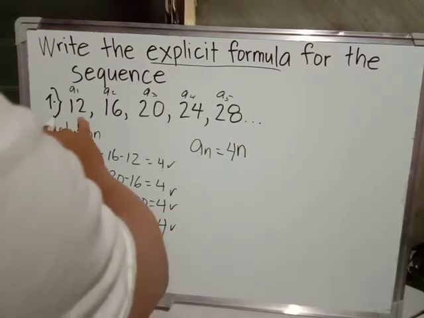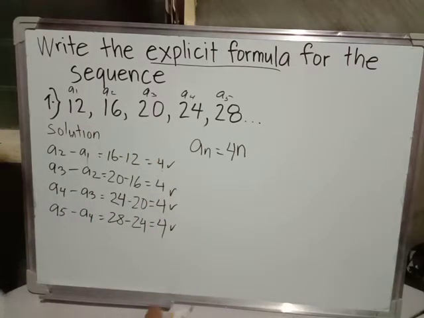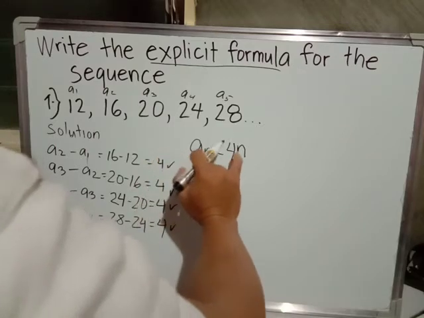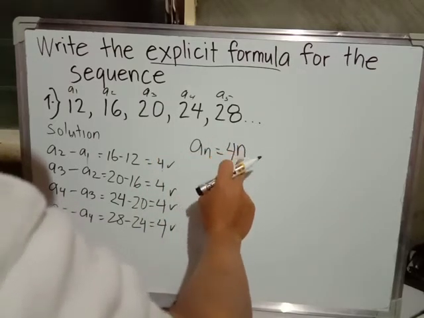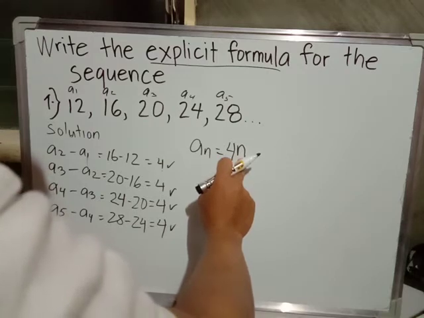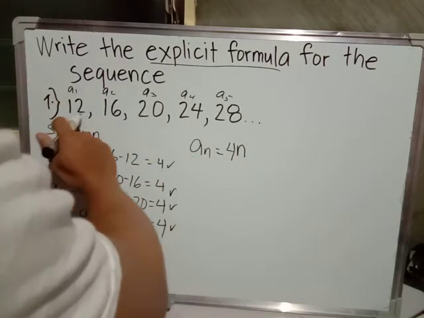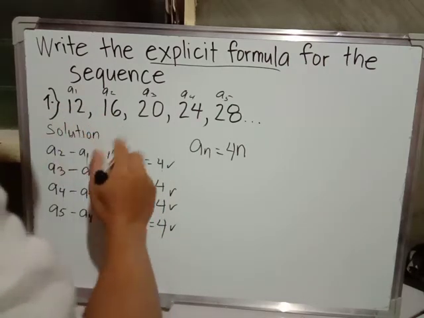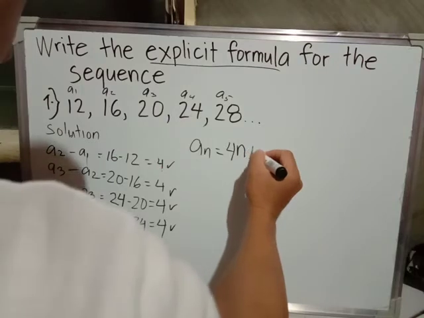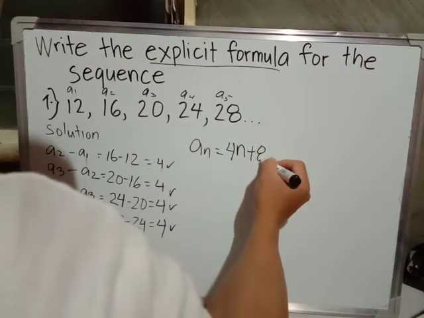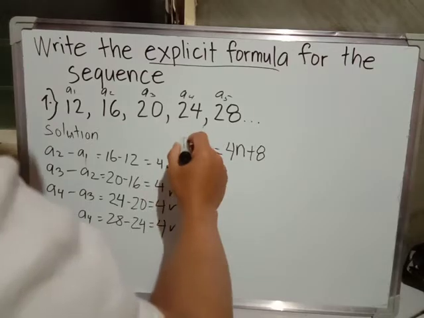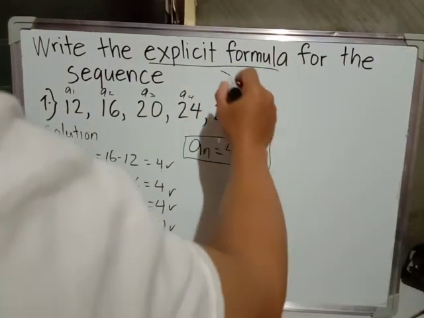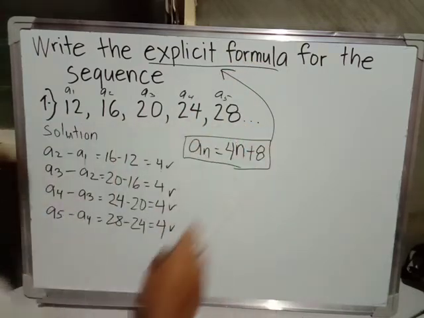For example, for the first term, n is 1. 4 times 1 is 4. What do we add to 4 to achieve 12? 4 plus 8 is 12. So, 4n plus 8 is our explicit formula for this sequence.